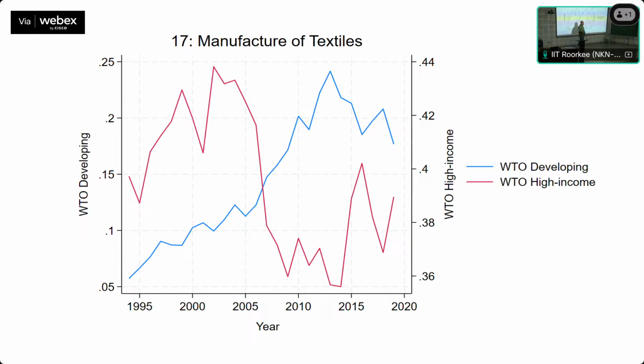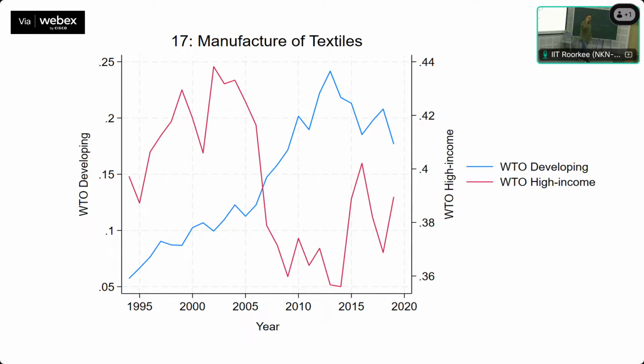What happened in 2005, you know? There's a major agreement that happened: the Multi-Fiber Agreement. It opened up the quotas for China. China started exporting hugely because China had quotas, exporting to the US.